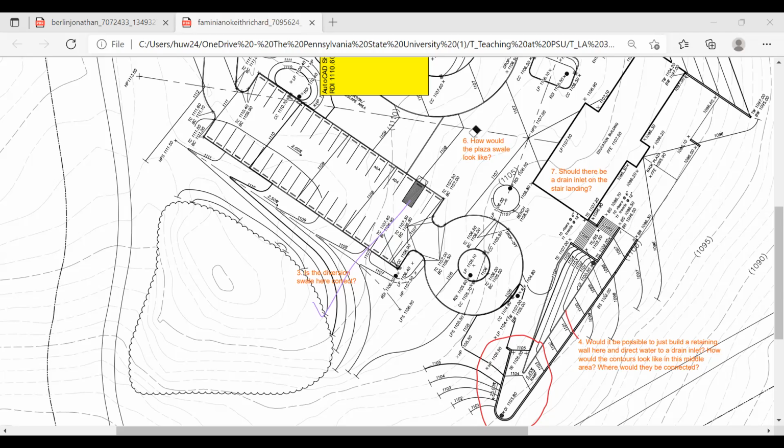So this design would require you to have, for instance, a trench drain. A trench drain would be a better solution than just one DI. If we don't have a wall, the water will basically just flow off to the landscape. Overall, I think that's a cheaper design.